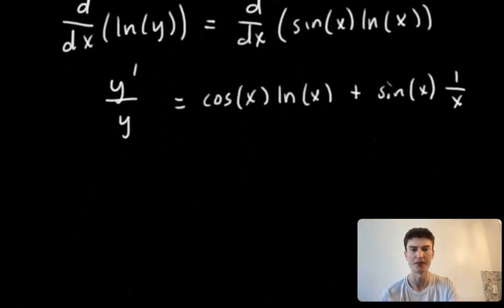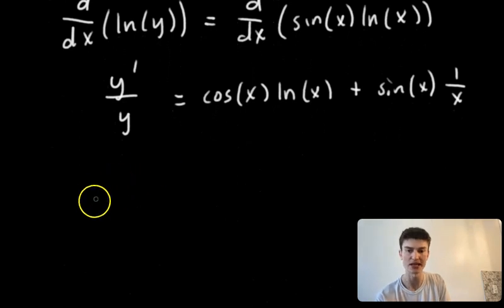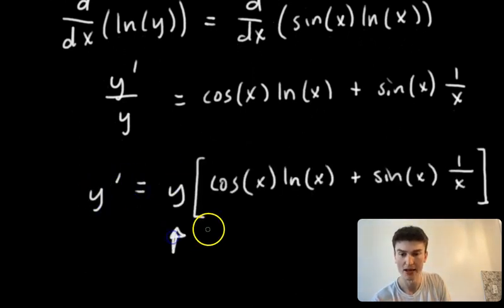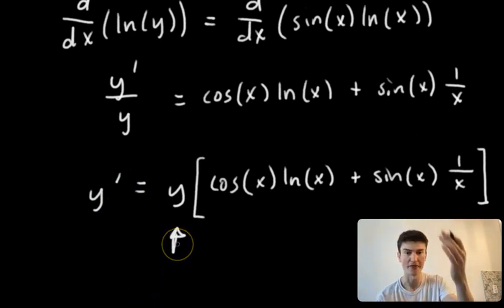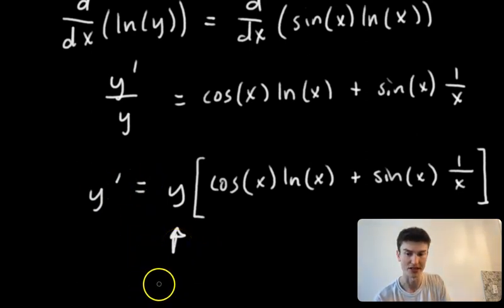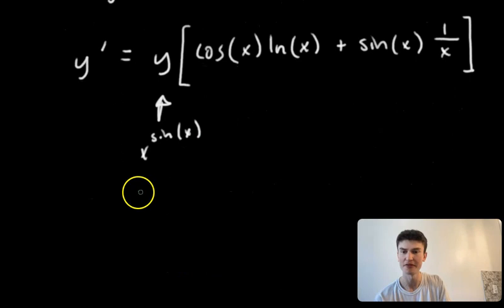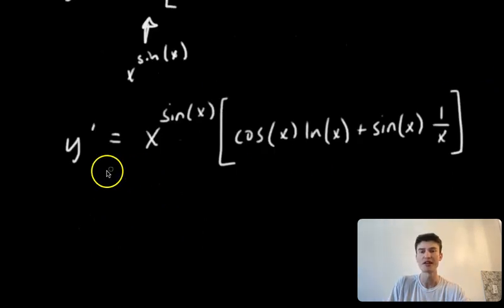So the very last step in the logarithmic differentiation process is to isolate y prime and then plug in for y whatever it was at the beginning of the problem, which in this case was x to the sine of x. So our final answer is that the derivative of y with respect to x, y prime, is x to the sine of x times everything in brackets here. All right, so that's the final answer.